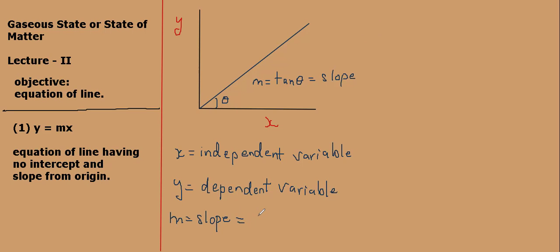That's why slope is also known as the change in y-axis with respect to change in x-axis. Okay, change in y-axis with respect to change in x-axis, that is your respective slope. No need to worry, just understand the concept here.